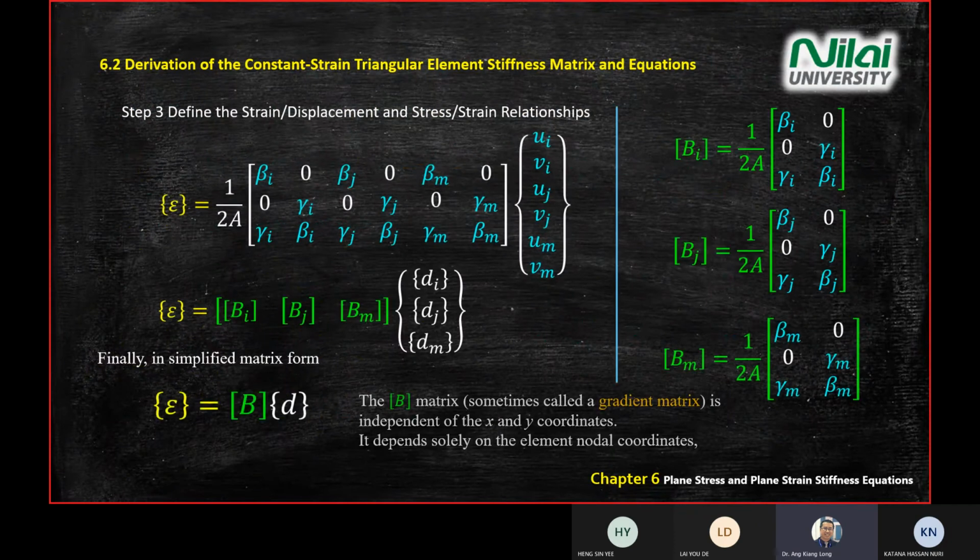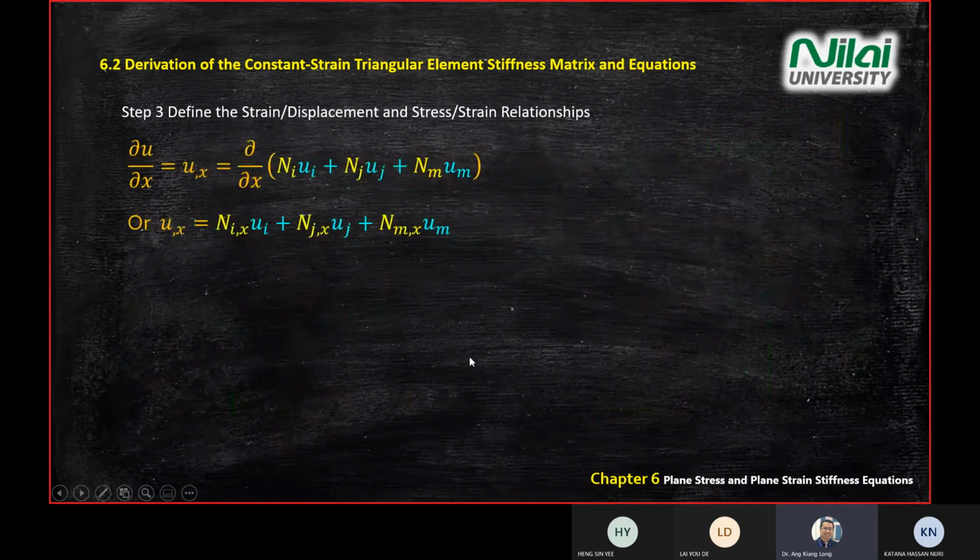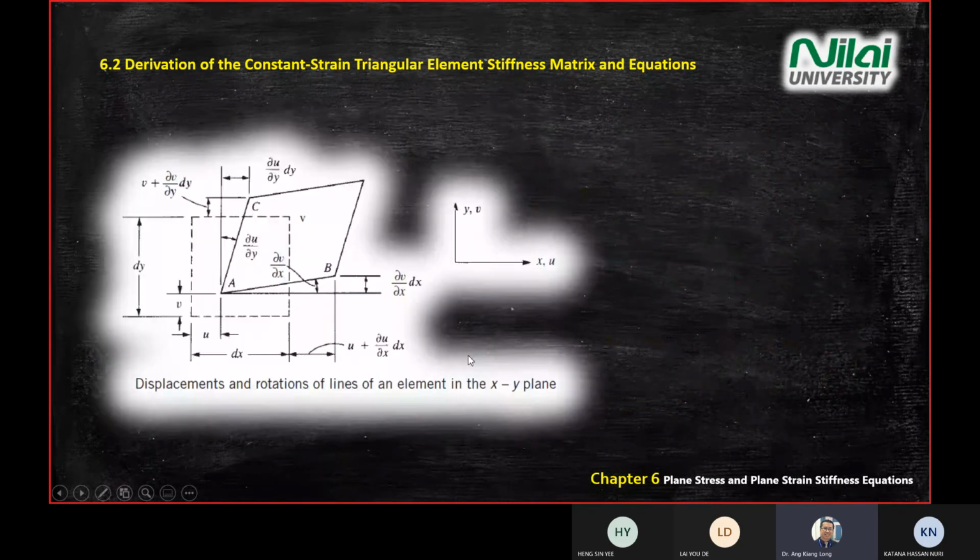Okay. So again, for strain we use strain equal to B matrix times D. For strain we use strain equal to BD. For stress just now, we use this one.